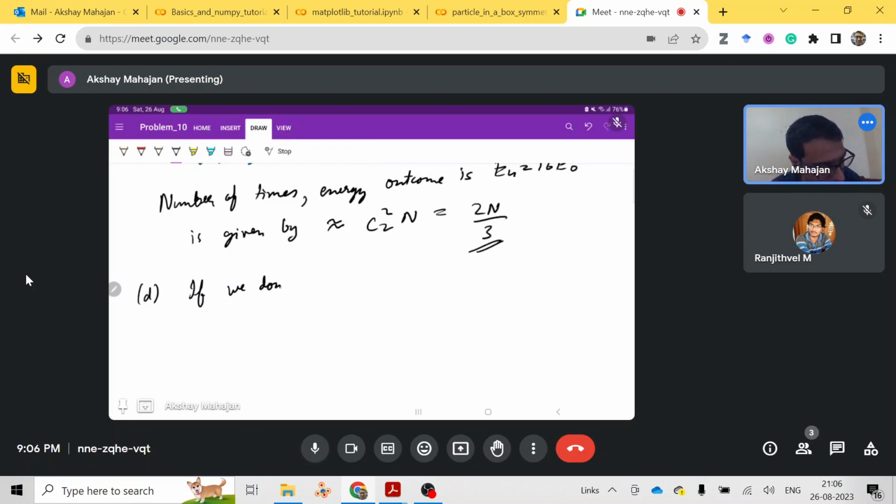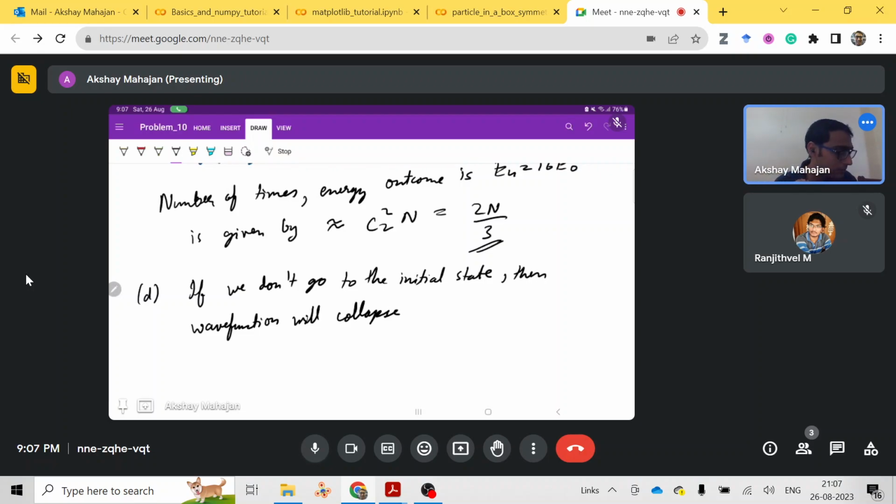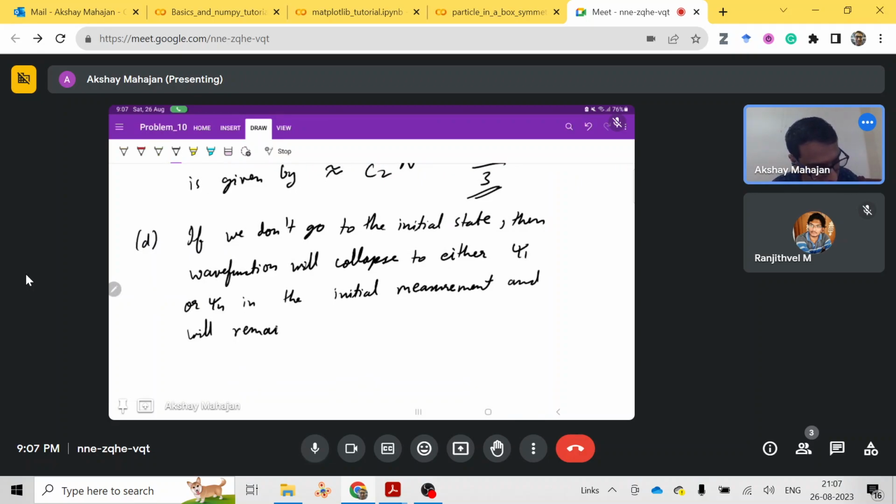Alright, so let me just write it down. If we don't go to the initial state, then the wave function will collapse to either psi1 or psi4 in the initial measurement, and will remain in the same state for the rest of the experiment.